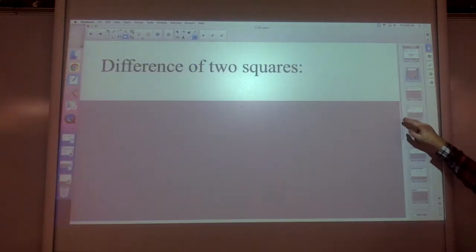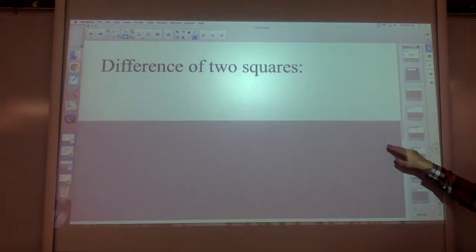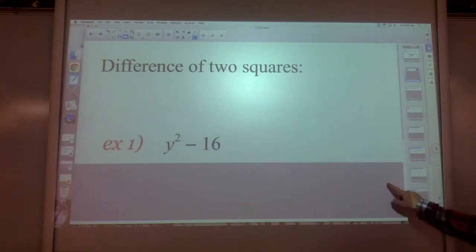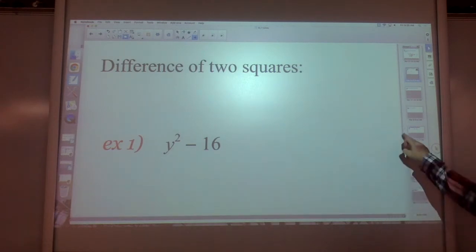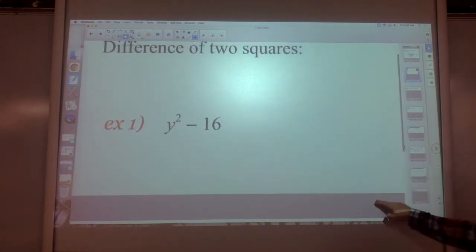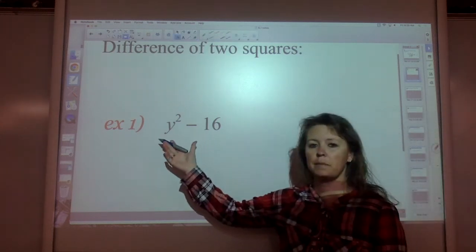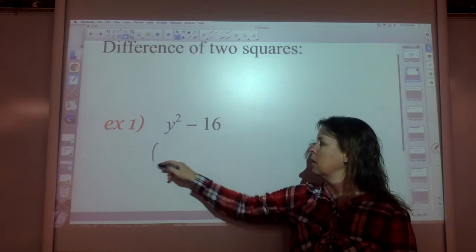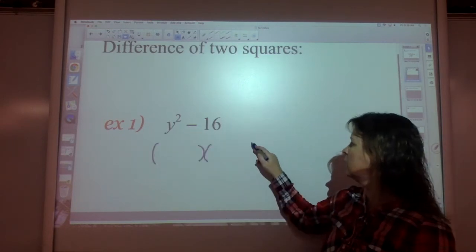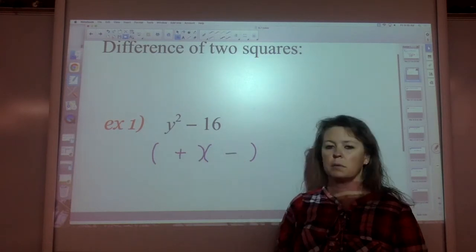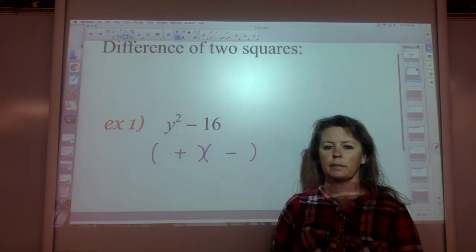So let's try that. It's called the difference of two squares, so write that down. Difference of two squares. Pause it so you have time to write that. An example would be y squared minus 16. We know that it could have or should have been a trinomial, but the middle term disappeared. If the middle term disappears, that means one of our factors is plus and one of them is minus.